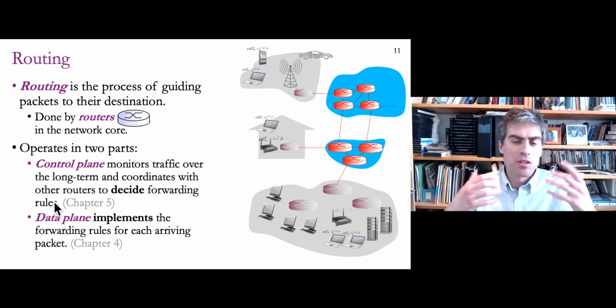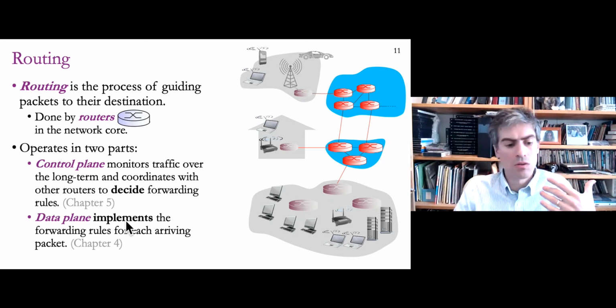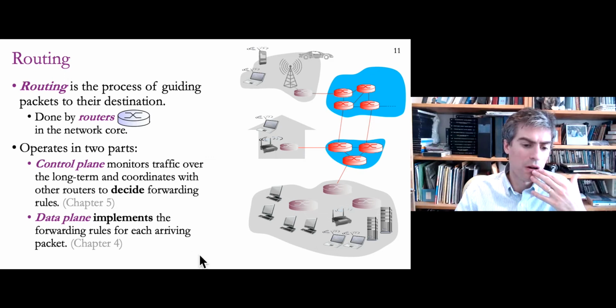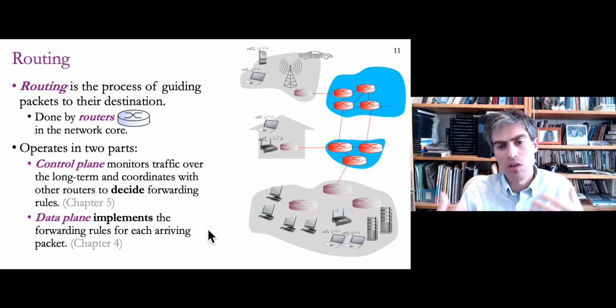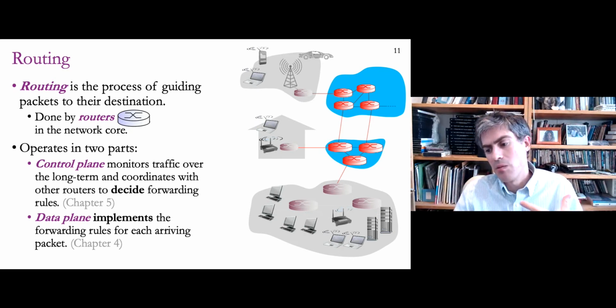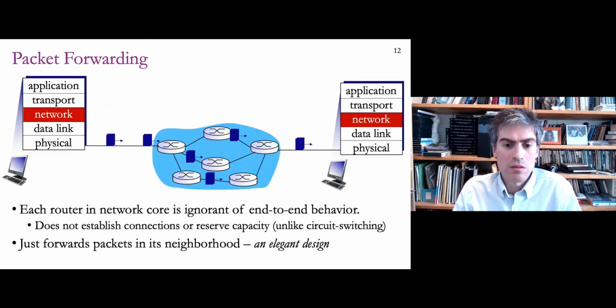We're going to start off, though, assuming that somehow each router has a set of forwarding rules that it can use for packets. We'll see how that works operationally, and then in the next chapter, we'll see how to optimally decide those rules in a decentralized manner.